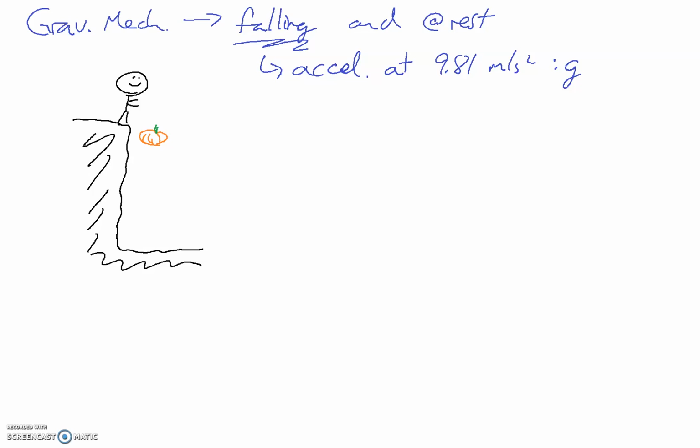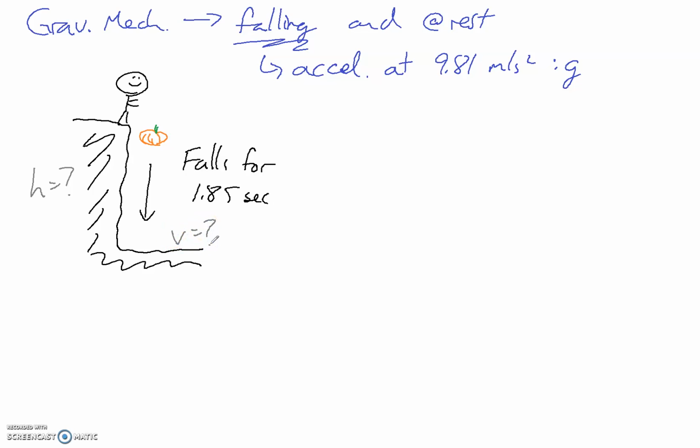There's your pumpkin, and you are going to drop the pumpkin. Let's say it falls for 1.85 seconds, and I want to try and find two things. We're going to try and find out how far up you were, or the height, and how fast it is going when it hits the ground.